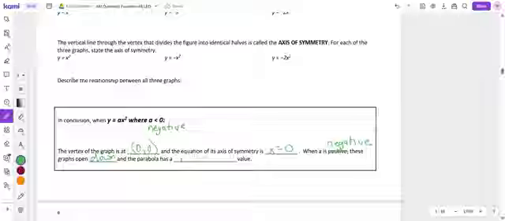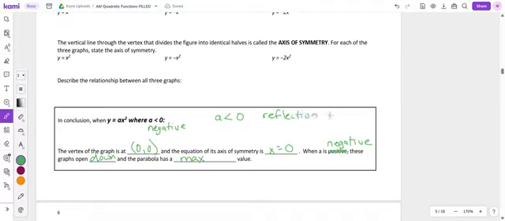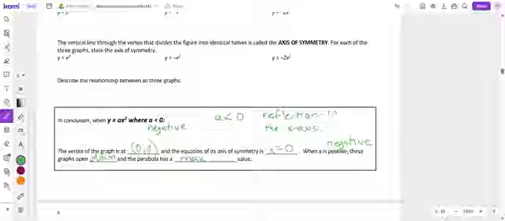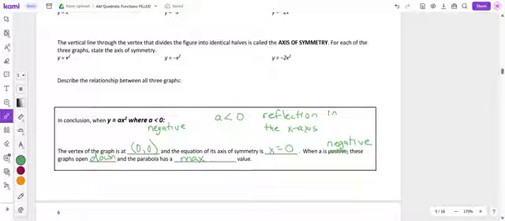And when A is less than 0, it's a reflection in the x-axis.